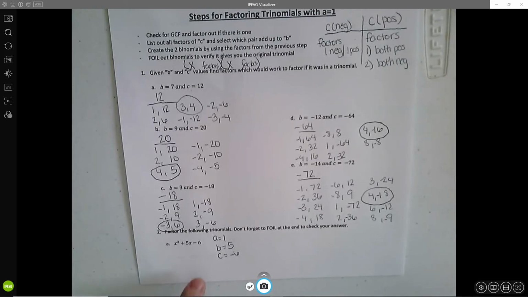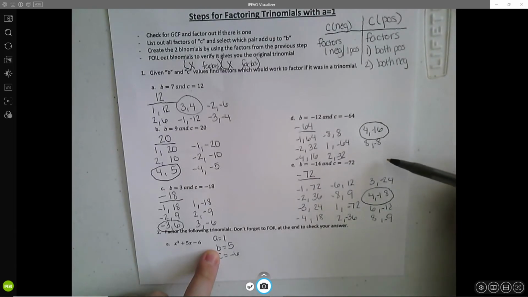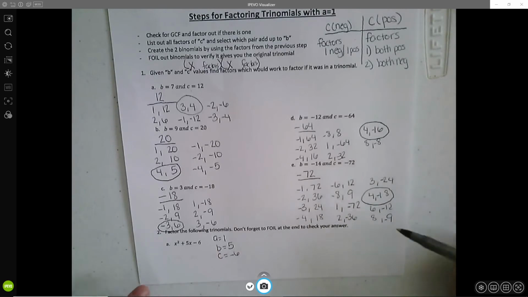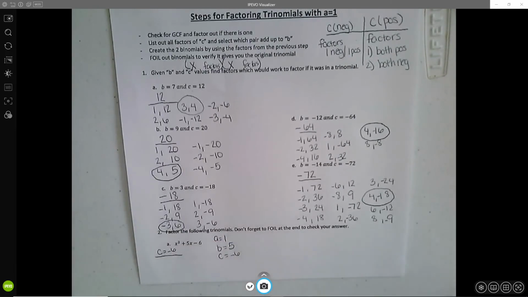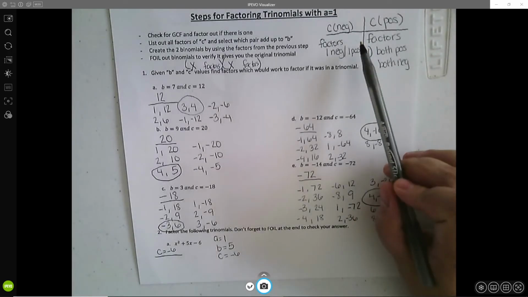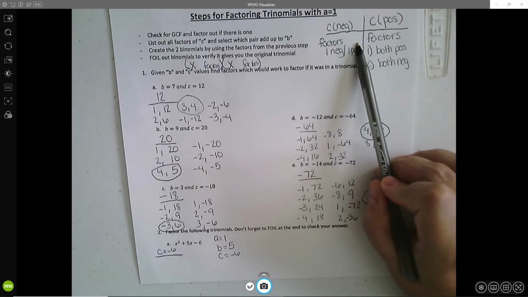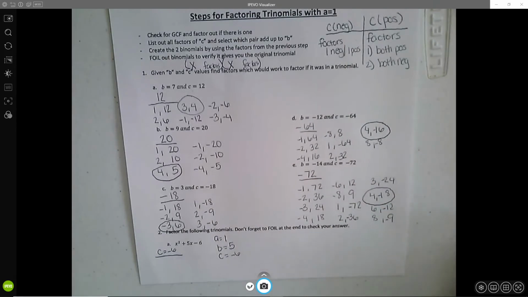So now, I have my B and my C value. I'm going to go back up here to the top and do exactly what I did. I'm going to start by saying C equals a negative 6. I'm going to list my factors of that C. Since C is negative, I have 1 negative and 1 positive.